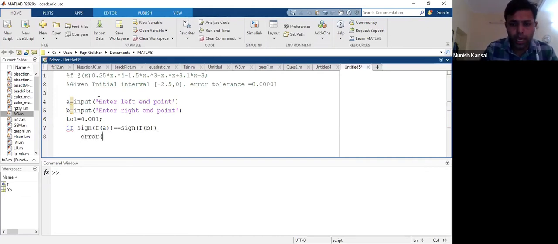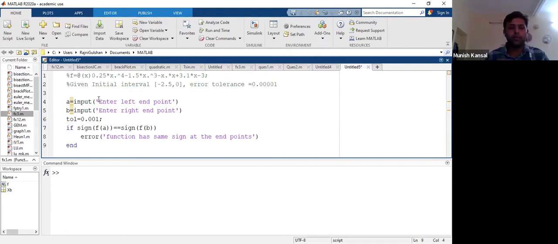There should be an error, or it should display a warning that the function has the same sign at the end points. It should give you a clear-cut warning that if your function has the same sign at the end points, then we will not proceed further with the bisection method. So it should give you the error at the starting stage, so that you come to know that the function has the same sign.